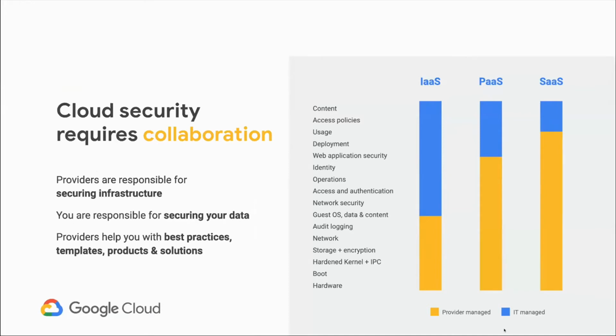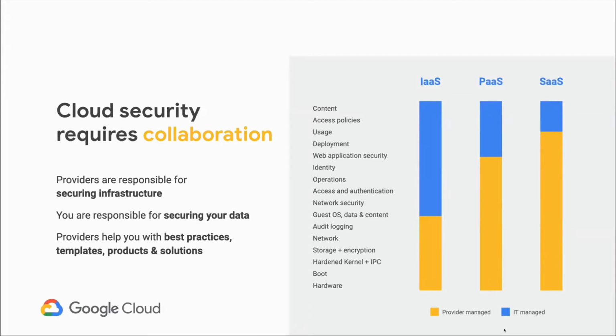But the reality is that security is a shared responsibility and it requires collaboration. As you can see here, we are generally responsible for securing Google's infrastructure, and customers are responsible for securing their data. That's what we typically call the shared responsibility security model.